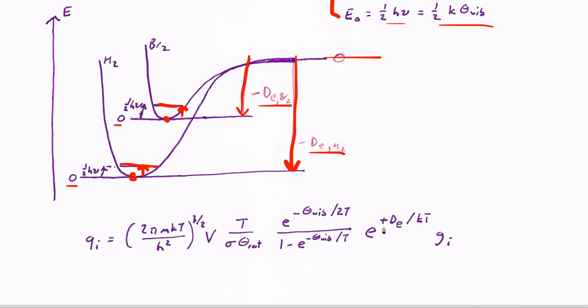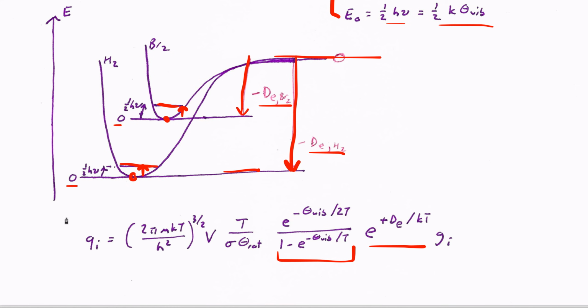So that turns into e to the positive dissociation energy over kT. So effectively all that's happened is this expression for the partition function for the harmonic oscillator has been modified by throwing in one additional term which corrects the zero of energy that we were using to the zero of energy that we're now using to keep it consistent for every molecule.